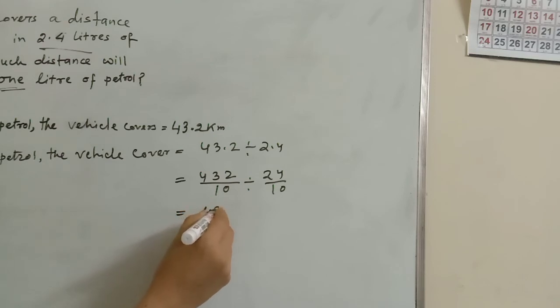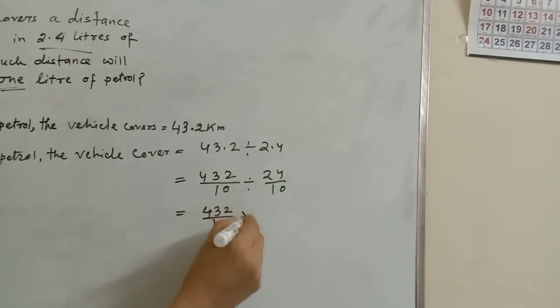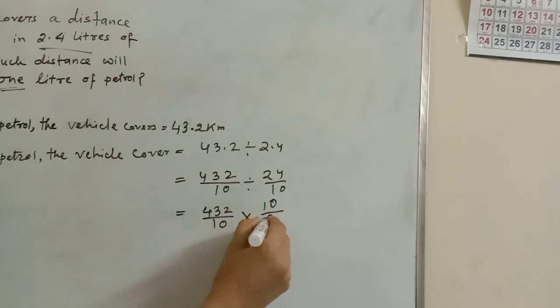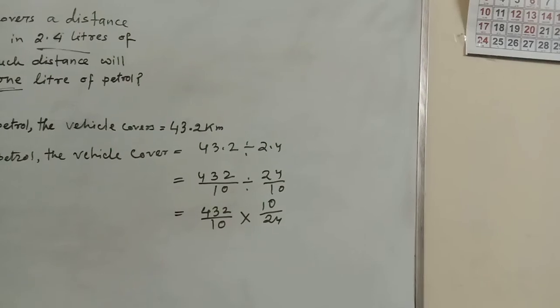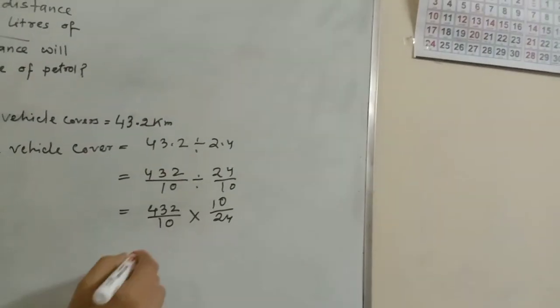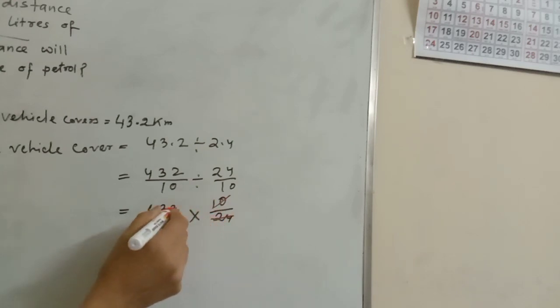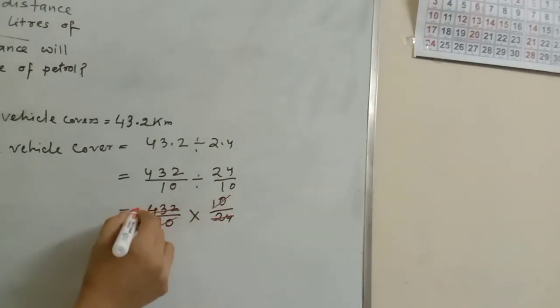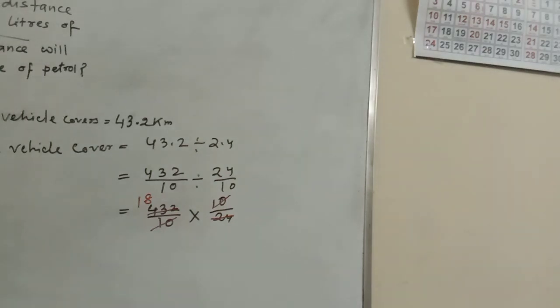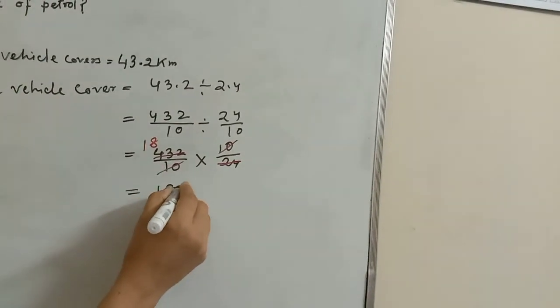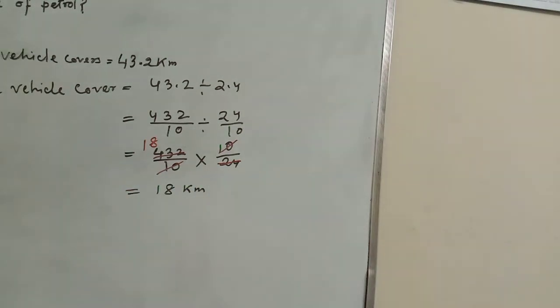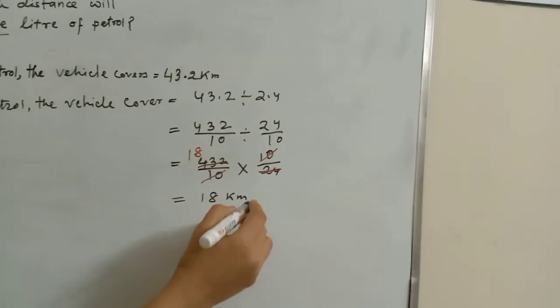So 432 divided by 10 into 10 by 24. You can cancel 10 by 10, and when you are dividing 432 by 24, you will get 18. The result will be 18 kilometers. So by using 1 liter of petrol, the vehicle can cover 18 kilometers.